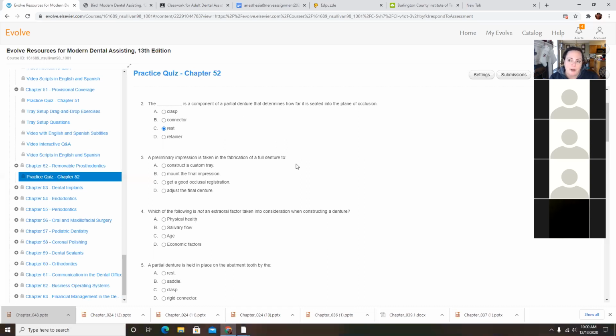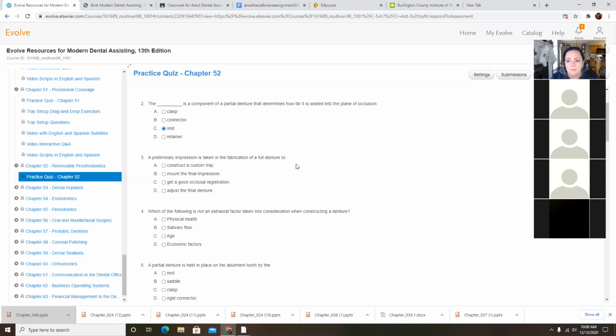So our initial impression for a denture is taken in a stock tray, a regular tray with alginate, right? So we take our impression, we pour it up, we send it to the lab, or it is an expanded function, which I did for many years. We make what's known as a custom tray. Has everybody heard of a custom tray?